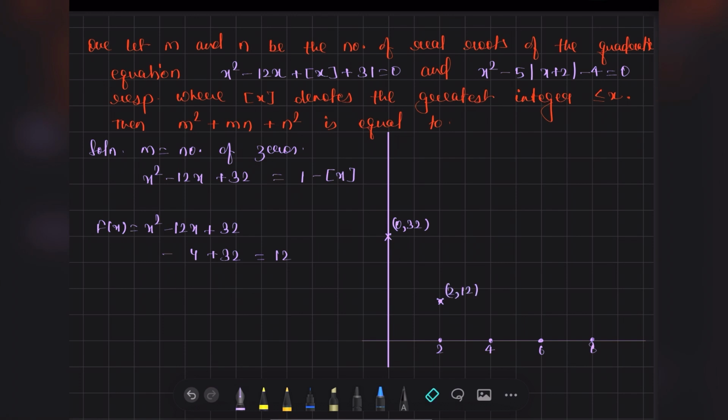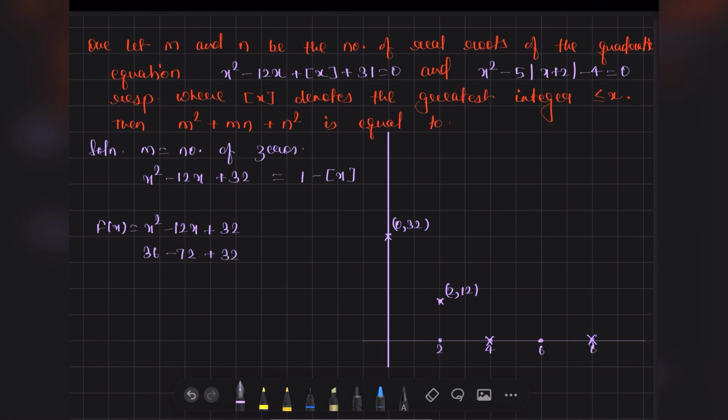Now if you observe, x equals 4 is a zero of this polynomial, and x equals 8 is also a zero of this polynomial. Now consider f of 6: it is 36 minus 72 plus 32.